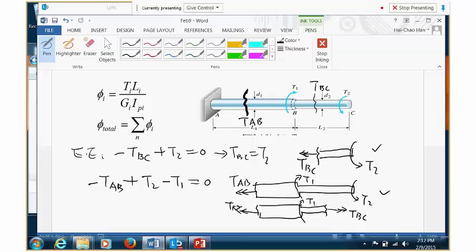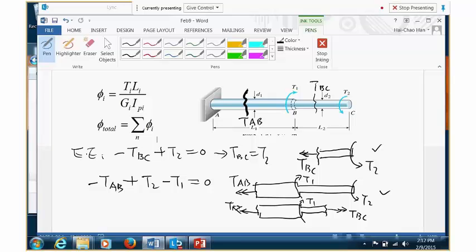If you apply a torque here, and on this side you have the opposite, this one this way and this one this way, that's a pair that generates a positive deformation. So these two are a positive pair. That's for deformation, and that's what we use here.